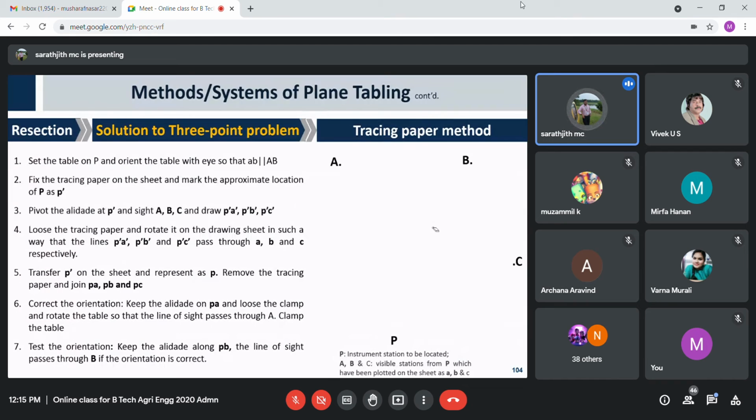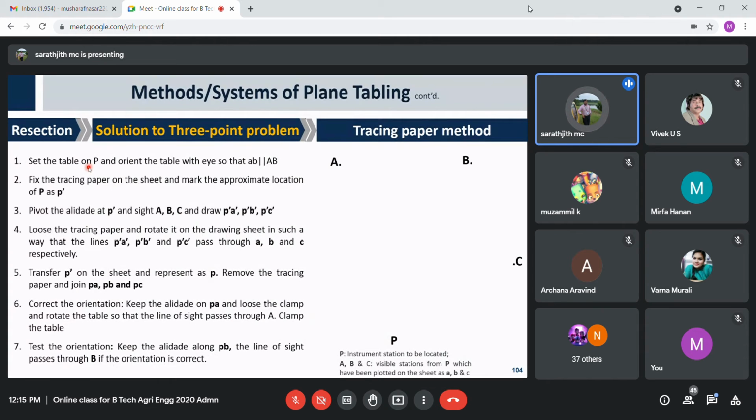In this case, you can see the picture here. You have three known stations A, B, C, and P is the unknown station which you have to locate on the plane table.